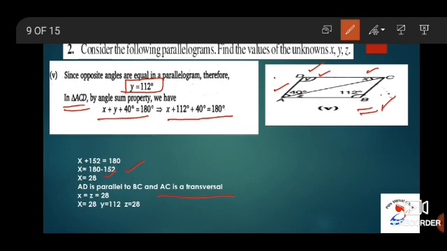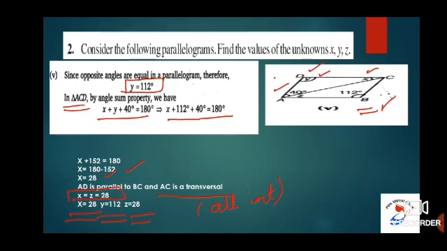Hence, you can say the values for x and z are equal. If the value for x is 28, the value for z is also equal to 28 because x and z are alternate interior angles. So, the value for x is 28, the value for y is 112 and the value for z is 28 degrees. This completes this problem.